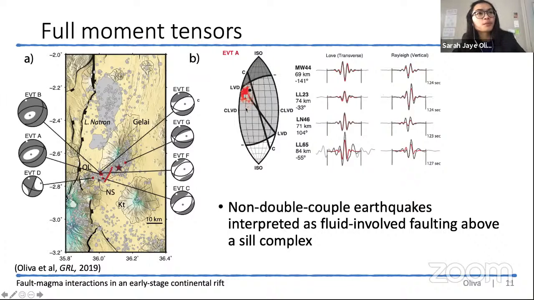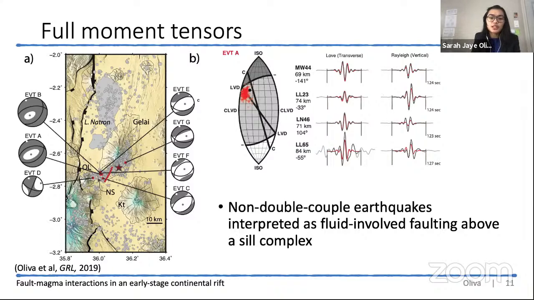So we're confident in the non-double couple source of a lot of these earthquakes. The solutions are found via bootstrapping to confirm the robustness of the solution.